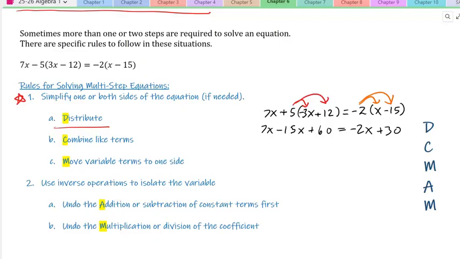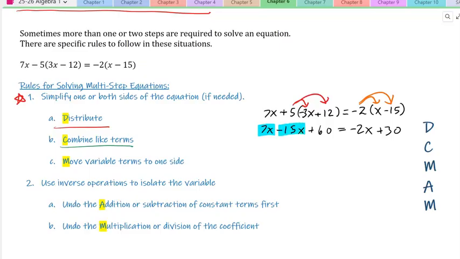The next thing I'm going to do is combine like terms. When I talk about combining like terms, I have to look for terms that have the same variable and the same exponent. Looking here, there's a 7x and I have a negative 15x.